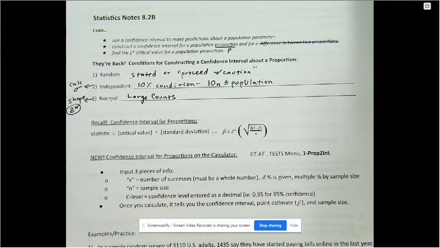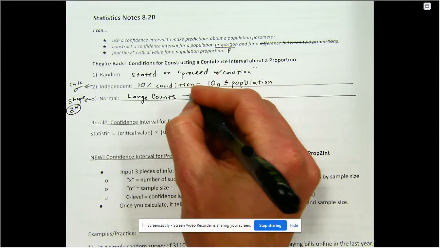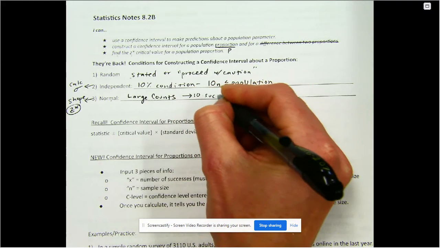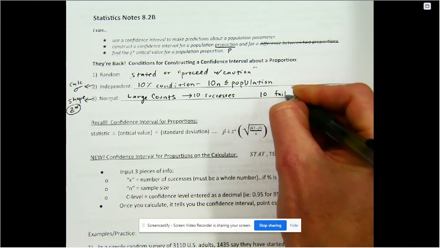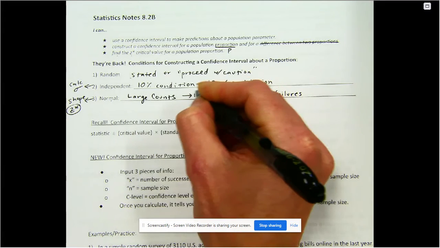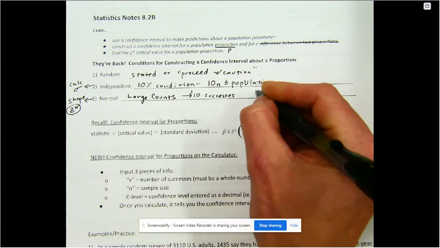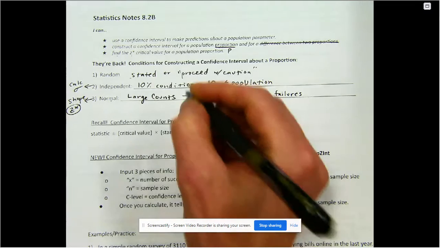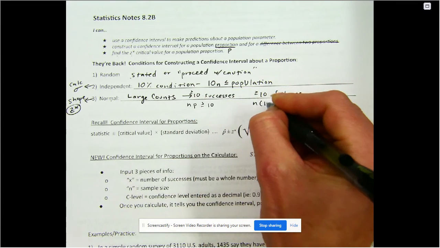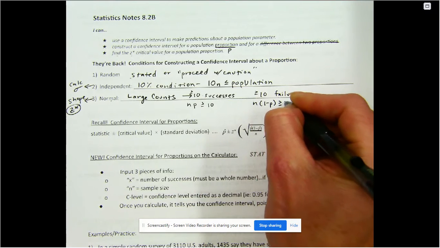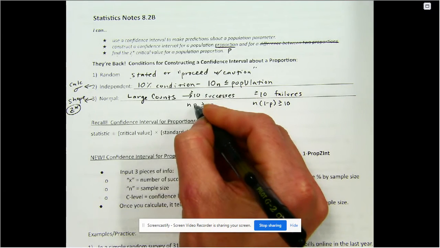So recall from chapter 7, for large counts, you need to show 10 successes and 10 failures. At least, right? So you need greater than or equal to 10 successes and failures. So you check np is greater than or equal to 10, and n(1 minus p) is greater than or equal to 10. Now, in this case, we don't have a p.